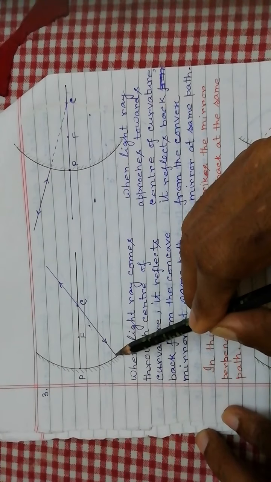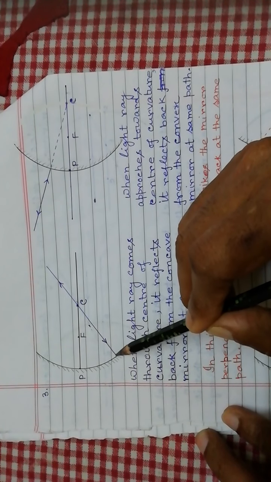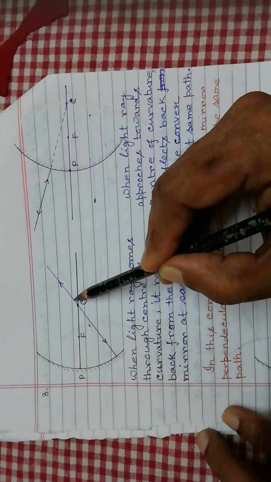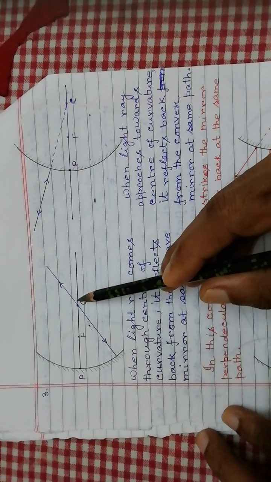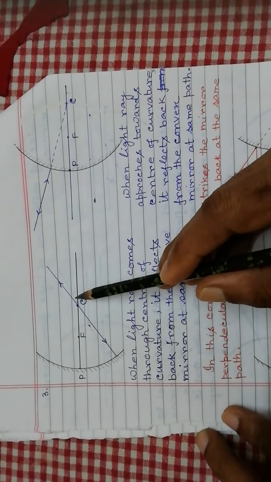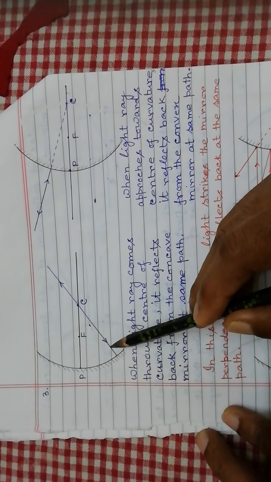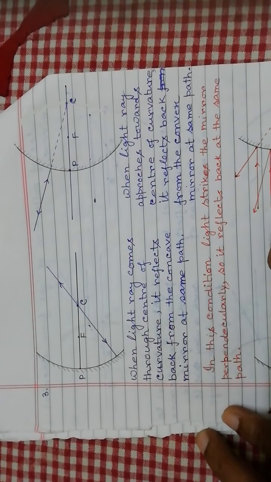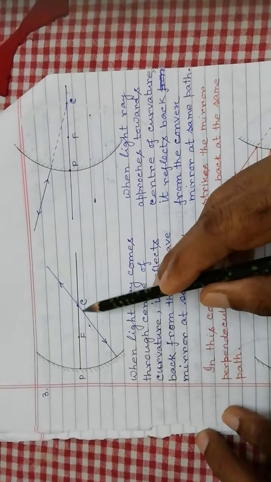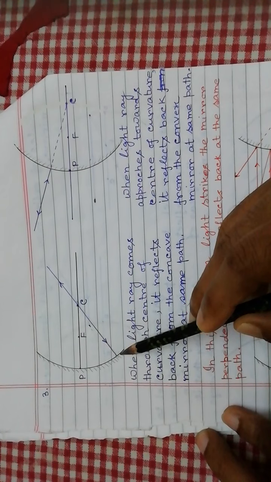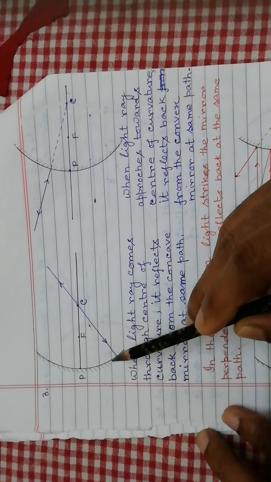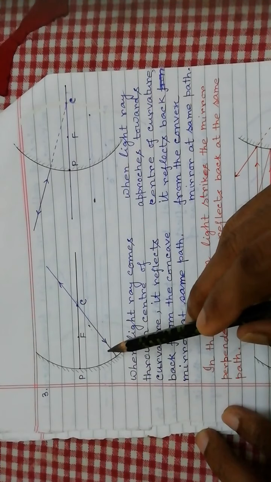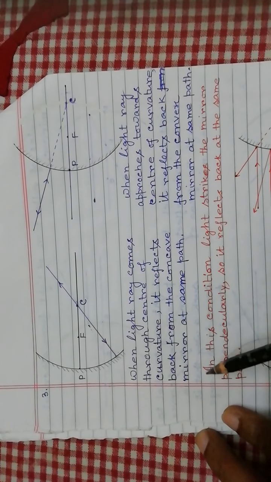After reflection, the reflected ray goes back through that path, because when the light ray comes through the center of curvature, it strikes the mirror perpendicularly. As it strikes the mirror perpendicularly, it reflects back at the same path to obey the laws of reflection.